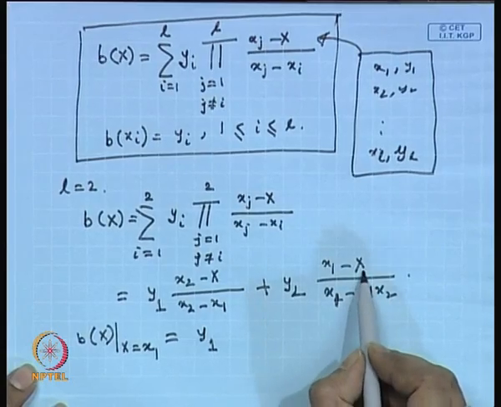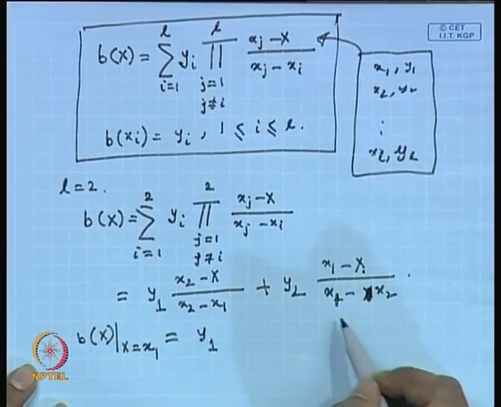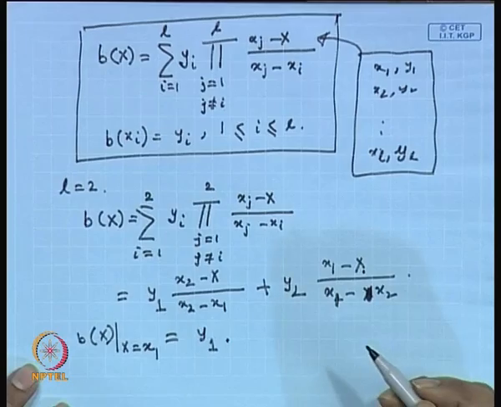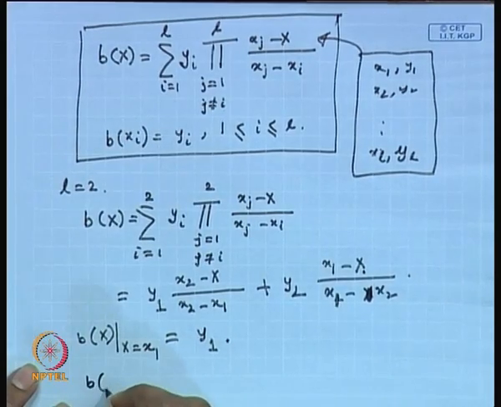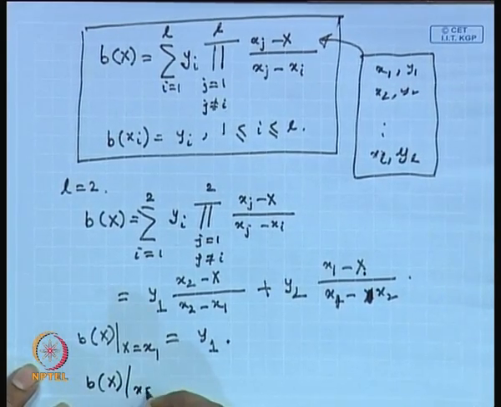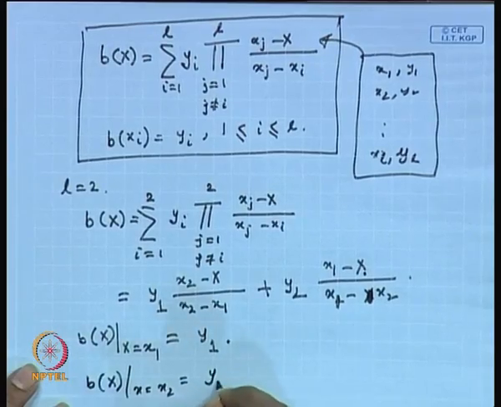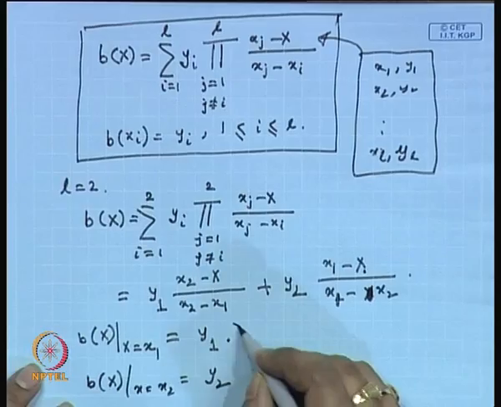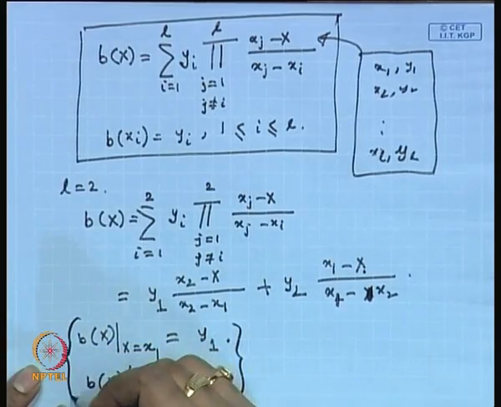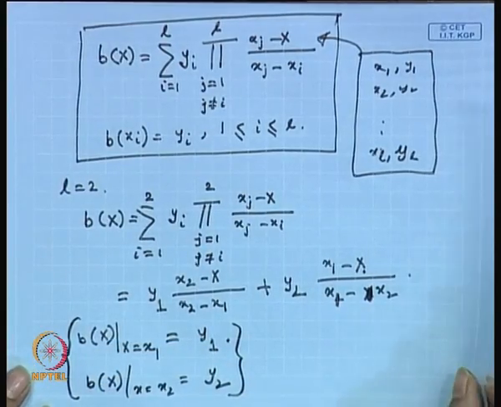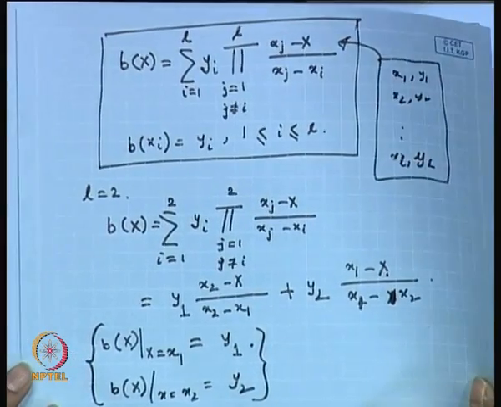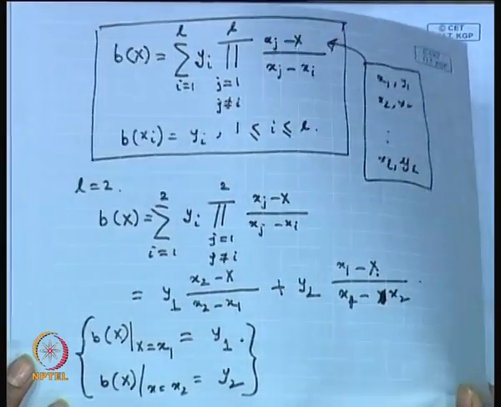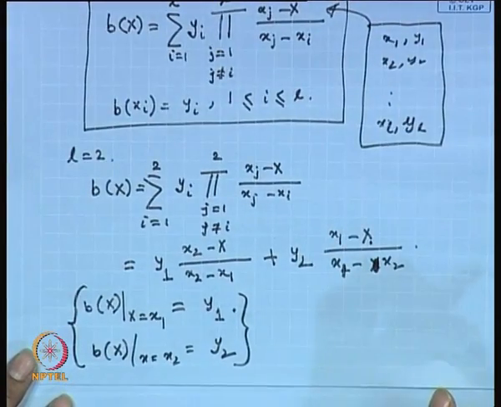If you plug in x equal to x1, this term goes to 0. So, we have got only y1. Now, what about if you compute this at the point x equal to x2? This is similarly equal to y2 because now the other term goes to 0, right. So, you see that this interpolation works for L equal to 2, right. Similarly, you can prove that this holds for any L also.